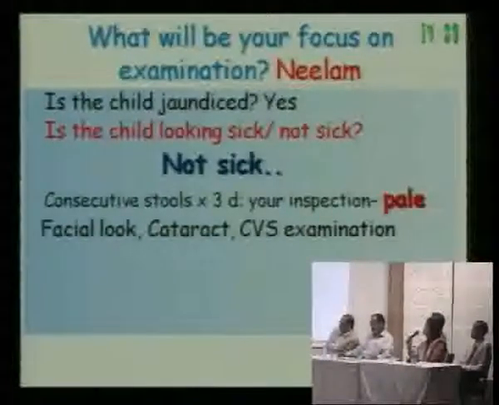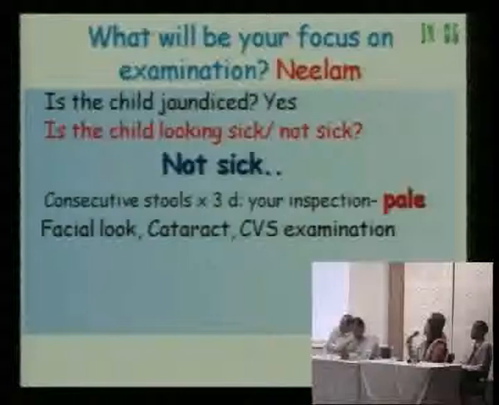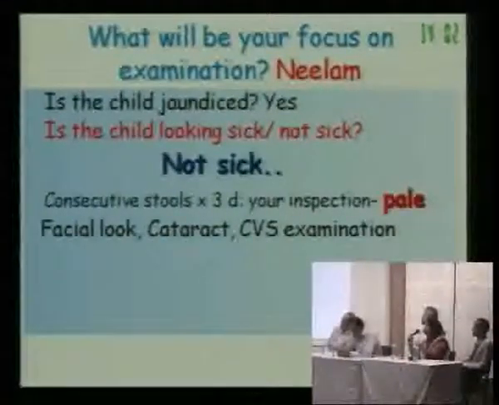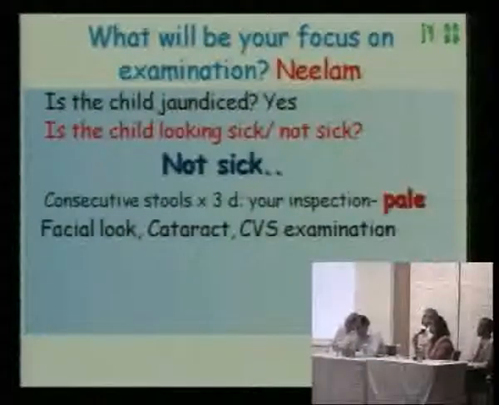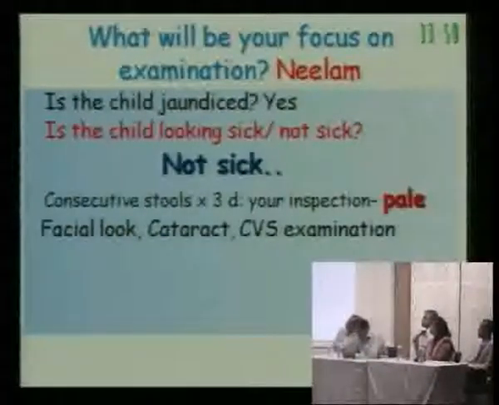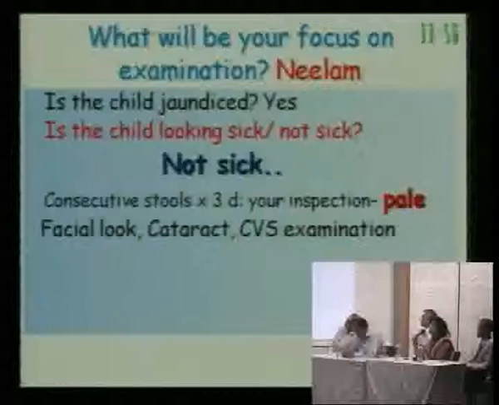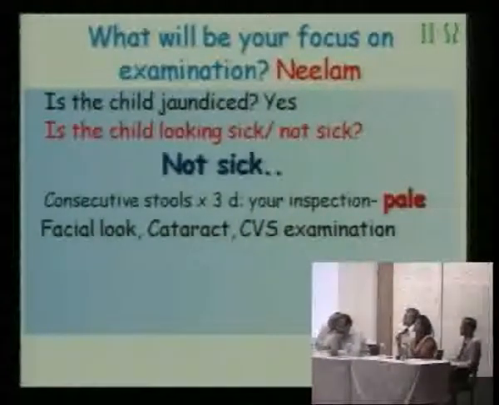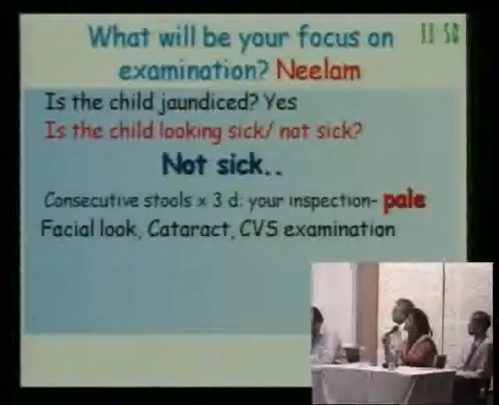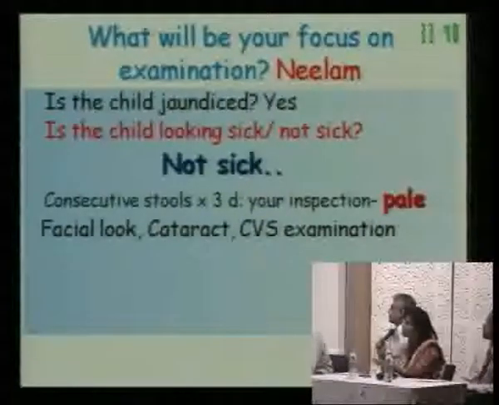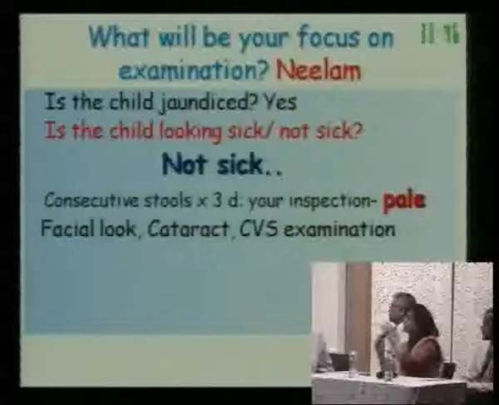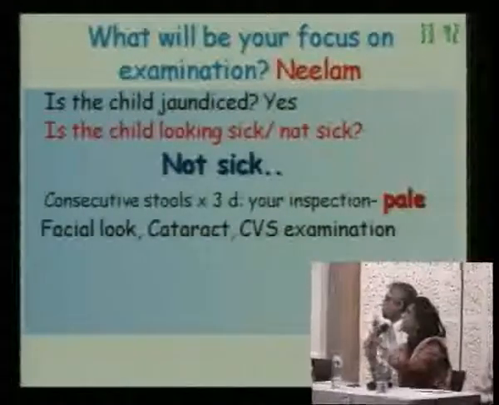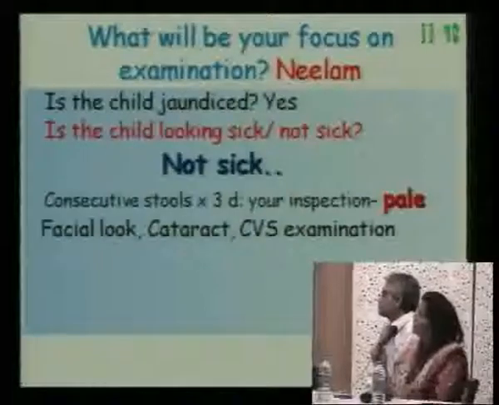Cataract, if you are able to see it, would make me more inclined towards galactosemia. CVS examination: if I hear a murmur, it could be associated with biliary atresia, and if it is a high-up murmur, I am thinking about peripheral pulmonary stenosis, which would be in Alagille. So CVS is relevant to both biliary atresia and Alagille.